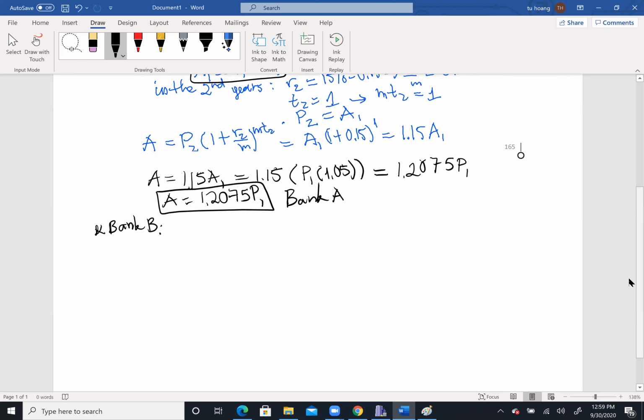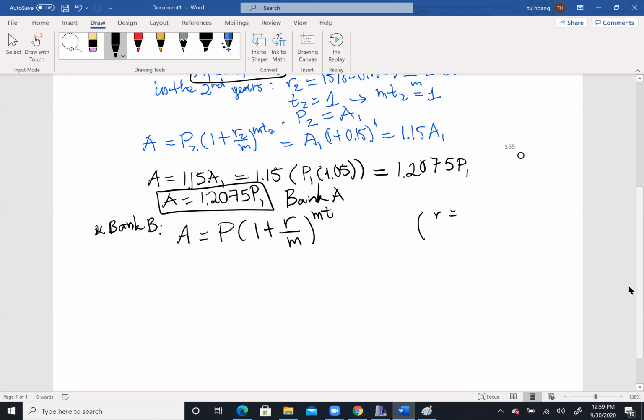So bank B, you're gonna have to apply A equal to P times 1 plus R over M to the power MT. And remember that R in here, what is that?